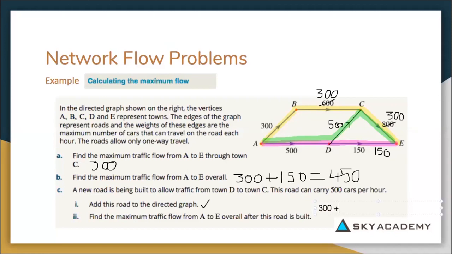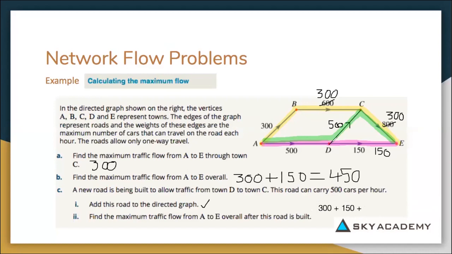And we know the pink route has a capacity of 150, which means we're just going to have a capacity of 1 more route, the green route. Now, if we have a look, we have 500 going across this line here. And we do have 500 going across that line there.